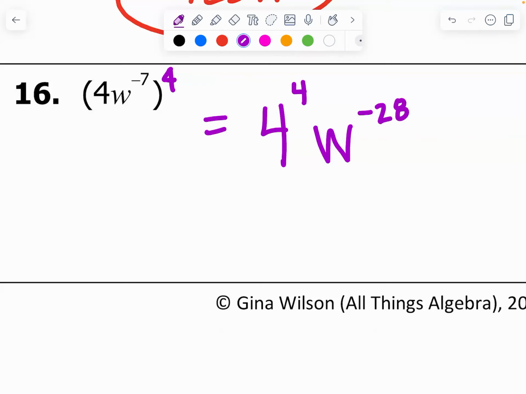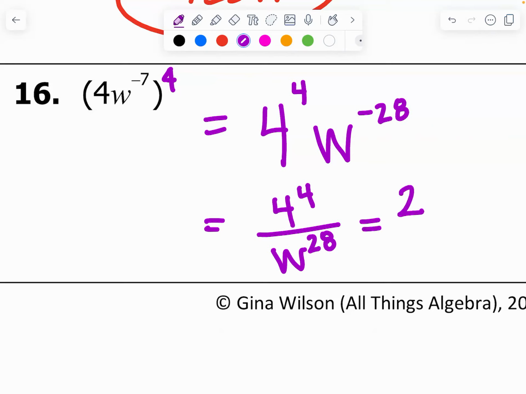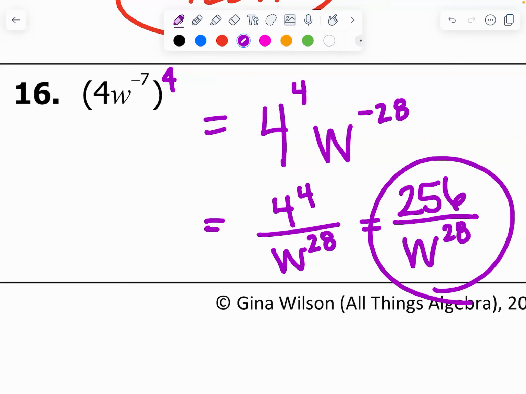Sophie, can we leave our answer like this? No, we can leave 4 to the 4th, but we better move W to the 28th down to the denominator to make it a positive exponent. Now we already talked about, we know that 4 to the 4th is 256. So we can write our answer that way.